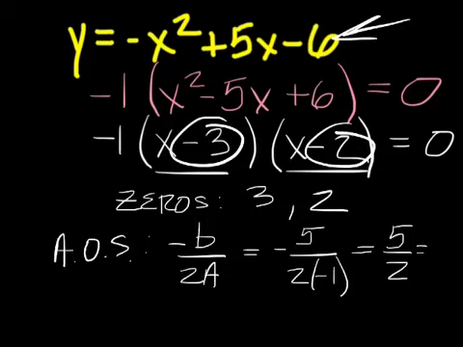Wait, wouldn't it be negative 5 over negative 2, which cancels out to 5 over 2? What's the mixed number of 5 over 2? 2.5, yeah. And it's better to have a mixed number so it's easier to graph.